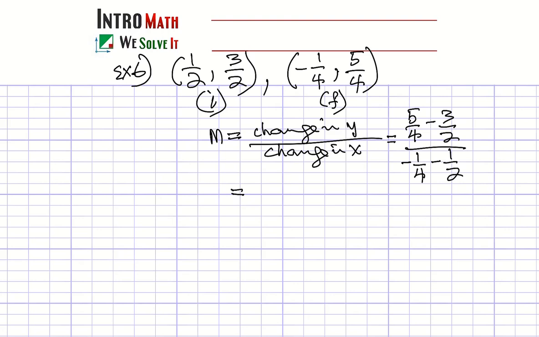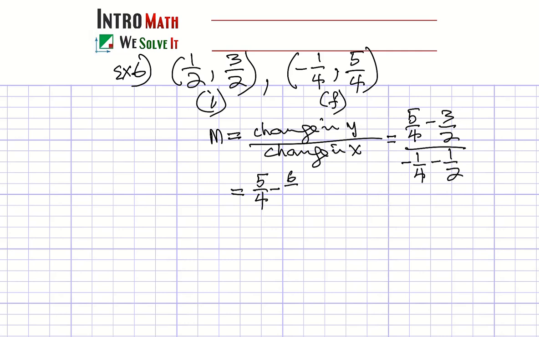You simplify the numerator. What do you get? We just have to play tricks with all these numbers, okay? You have 5 over 4 minus 6 over 4, you multiply by 2.